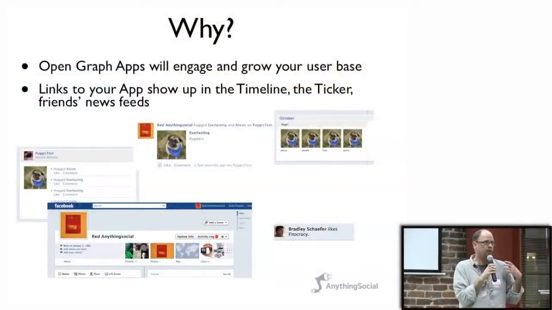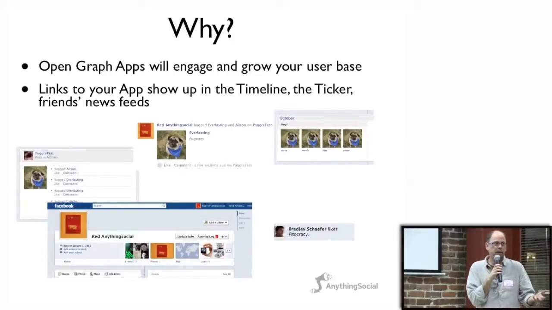But you can imagine applications that would not just be profit-driven, but descriptive of the sort of goals you want to achieve, political, social, whatever. There are a lot of things that can be achieved, and I'm sure people here can imagine things they might want to build that the Open Graph app platform is going to allow.